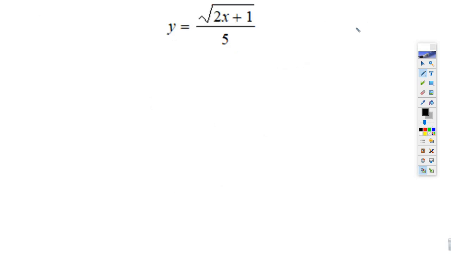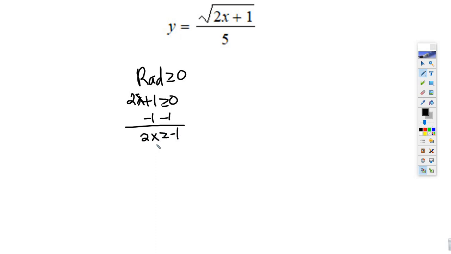Okay, so the next problem, again, if I have a square root, that radicand has to be greater than or equal to 0. So I have 2x plus 1 has to be greater than or equal to 0. So I have 2x is greater than or equal to negative 1, divided by 2, so x has to be greater than or equal to negative 1/2. Now I have a denominator, and we can set this equal to 0, but that's just 5 cannot equal 0.